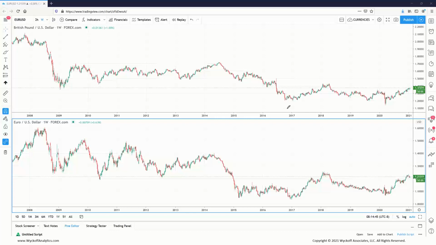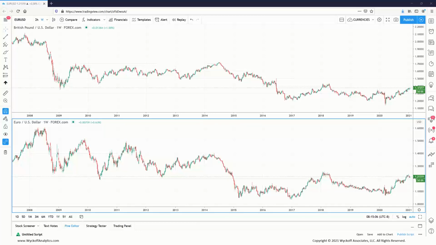So we're talking 5 years, 6 years. For the pound, it's 2017. So again, 4 years. Obviously we were in a bull market for the dollar, a bear market for both of these currencies relative to the dollar for an extended period.